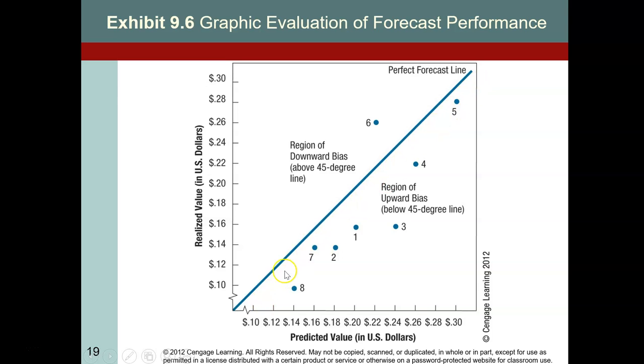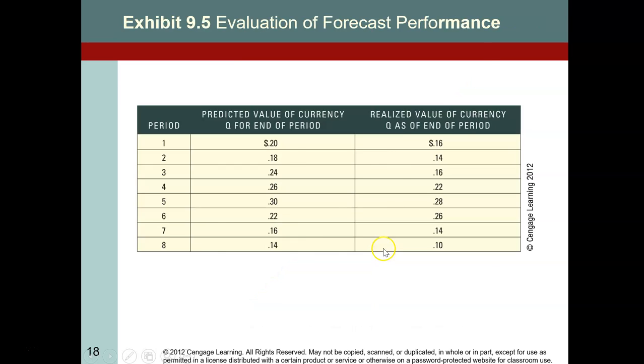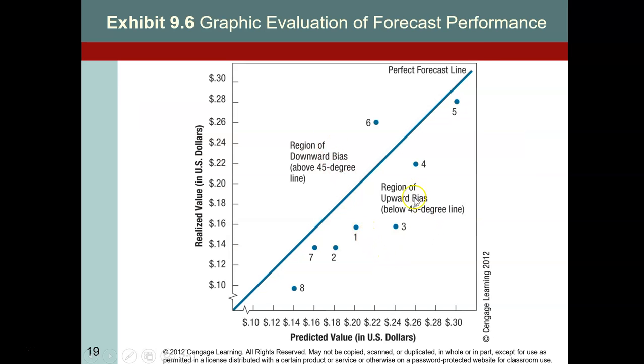Okay, and we can draw a vertical line here. And the points below the line are the region of upward bias, where the area, the region above the line is the downward bias area.